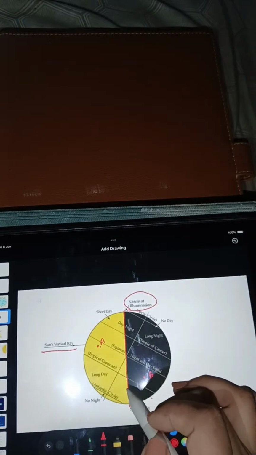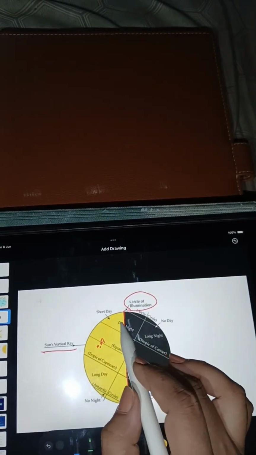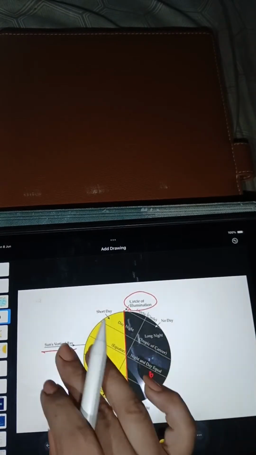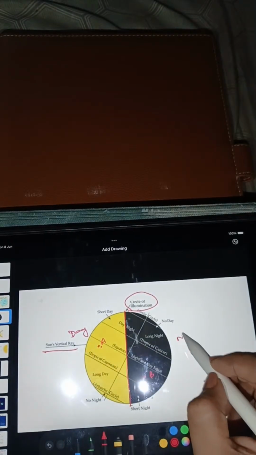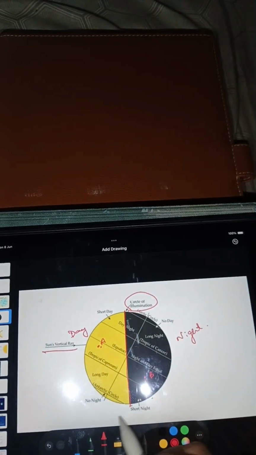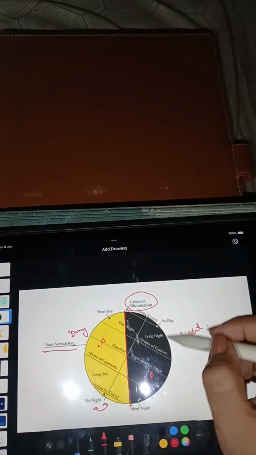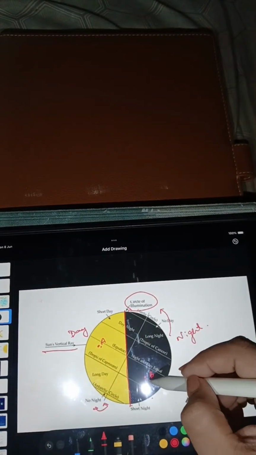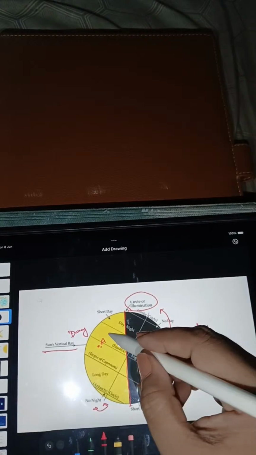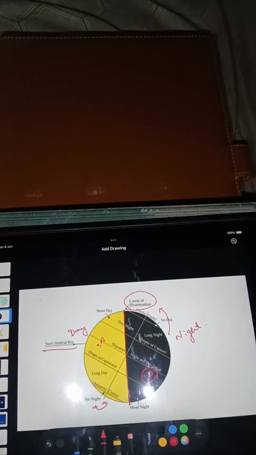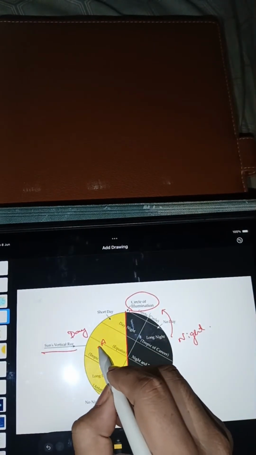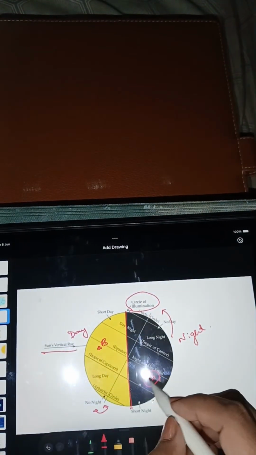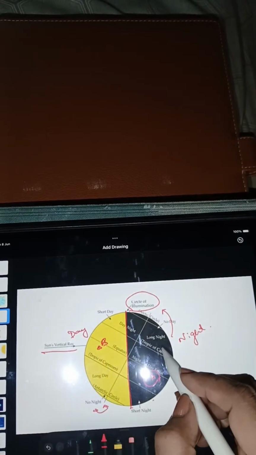Now this circle of illumination or shadow circle divides day and night, so this portion is day and this portion is night. Now with the spinning movement, when the earth is spinning from this side to that side, after one complete rotation B will come over here, and A will go to the other side.